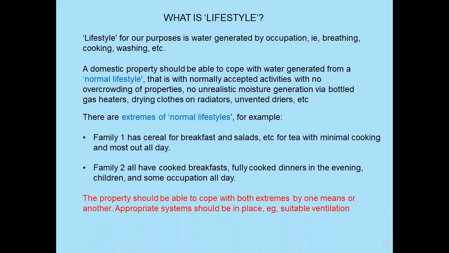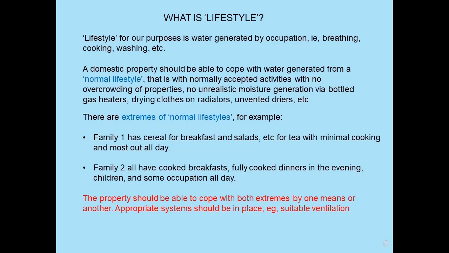So what are normal lifestyles? Well, one could argue there are extremes of normal lifestyles. For example, family 1 has cereal for breakfast and salads for tea and so forth, with minimal cooking out most of the day. Family 2 all have cooked breakfast, fully cooked dinners in the evening, with children and some occupational day. They're both extremes of normal lifestyles.